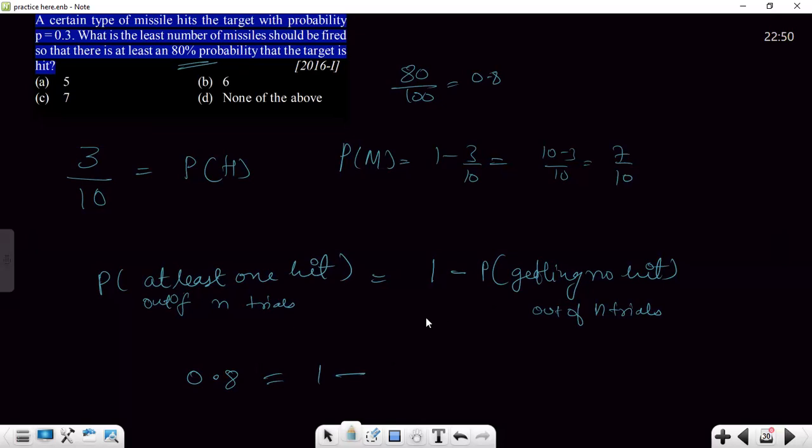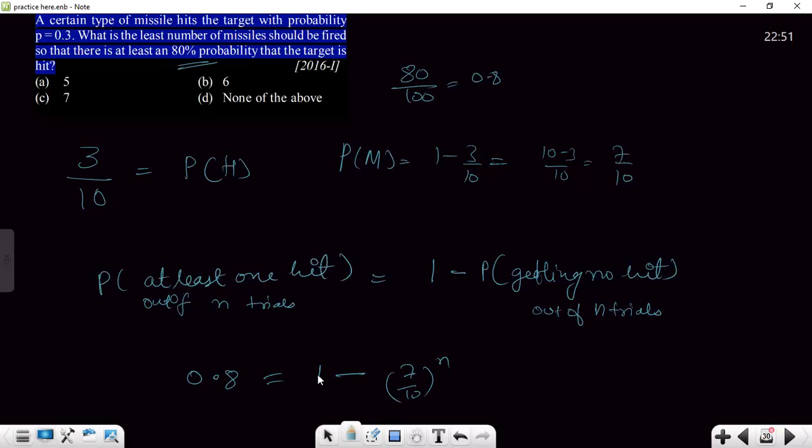The probability of getting a miss in one trial is 7 by 10, and in n trials it is 7 by 10 raised to power n. Any doubts? No, sir. For a miss, it is 7 by 10. For n misses, it is 7 by 10 raised to power n, for n simultaneous misses.